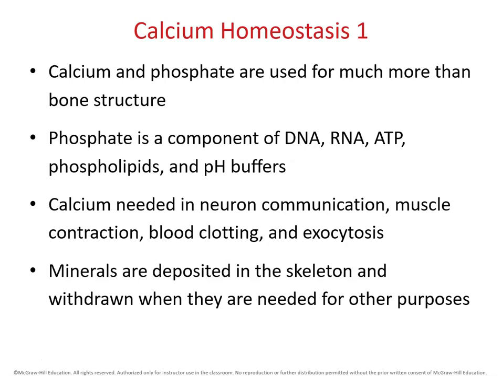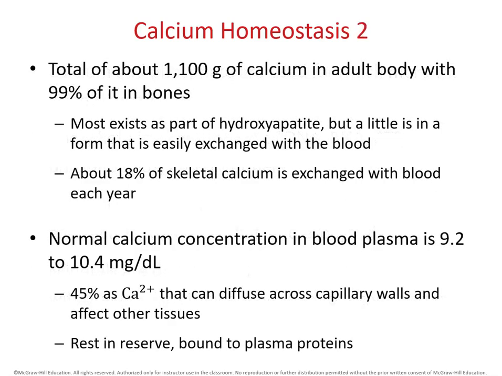One way to think of mineralization and resorption is like a bank account. We deposit minerals into the bones so that we can withdraw them again when we need them. We have just over a kilogram of calcium in our body, and most of it is in our bones.